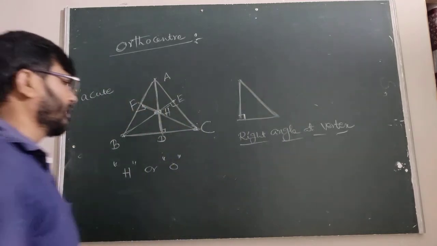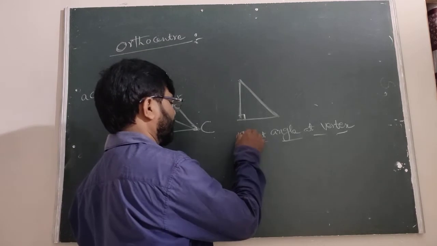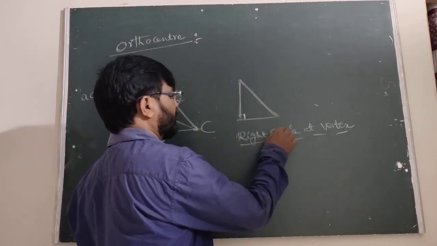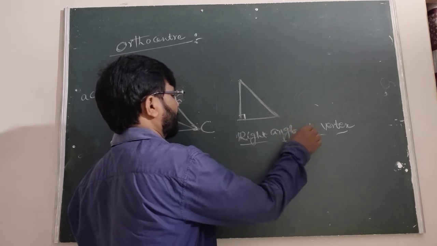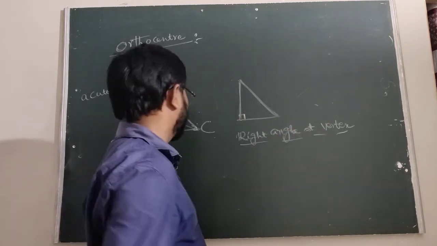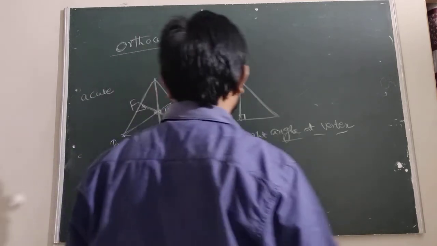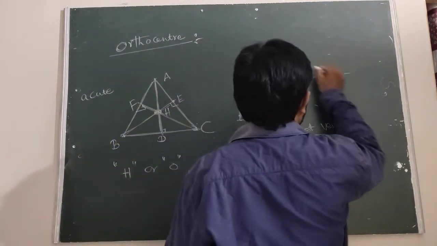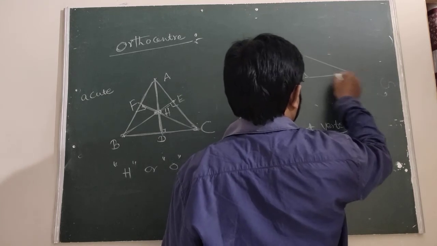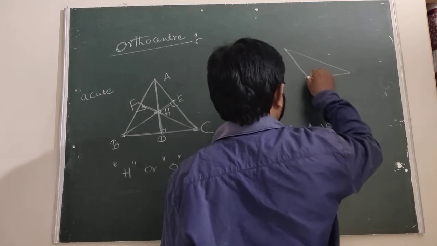So in a right angle triangle, all of you listen here. In a right angle triangle, the orthocenter is at the right angle vertex. Suppose this is, now how to write this one?